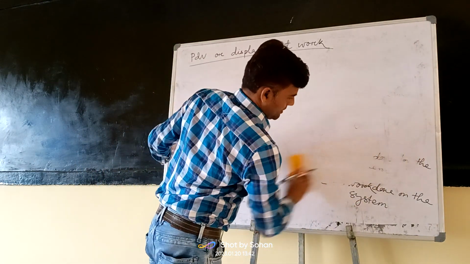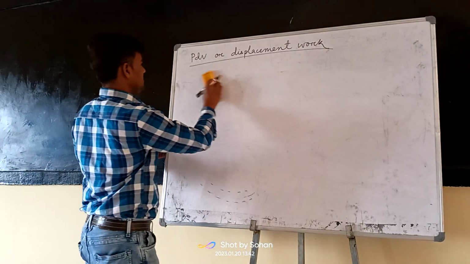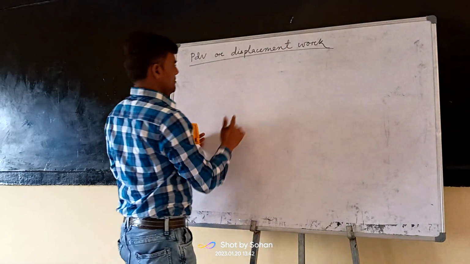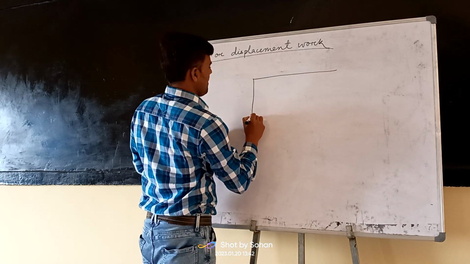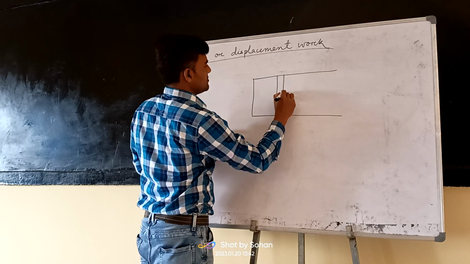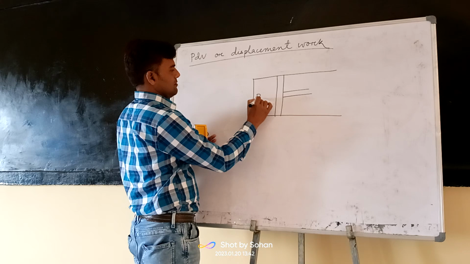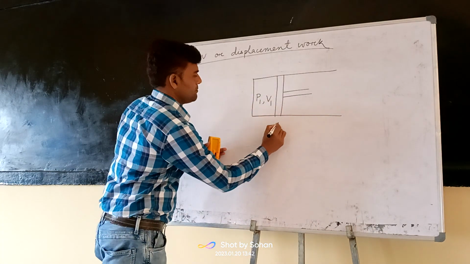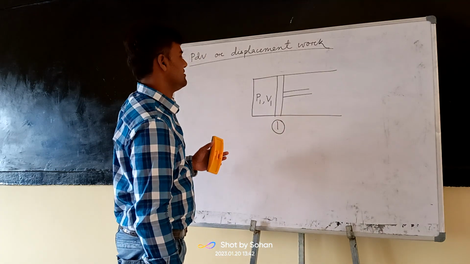Let me explain PV work done, or displacement work done. Let us consider a cylinder piston arrangement. A cylinder, and this is the piston, having pressure P1 and volume V1 at position 1, that is the initial state.